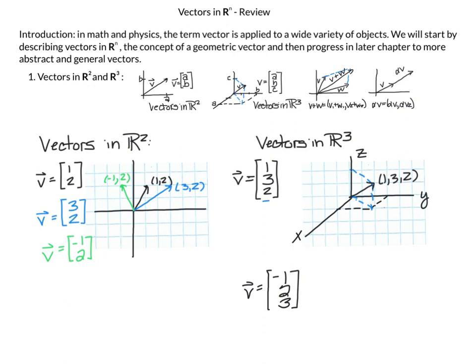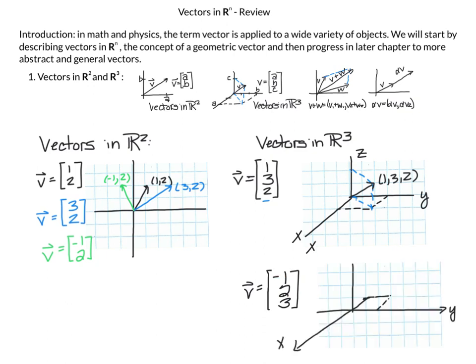Next, I'm going to draw the vector negative 1, 2, 3. And I am going to start by marking where x is equal to negative 1 and y is equal to 2. And I draw over here from the point y equals 2, a line parallel to the x-axis, and from where x is equal to negative 1, remember I'm going backwards on the x-axis.